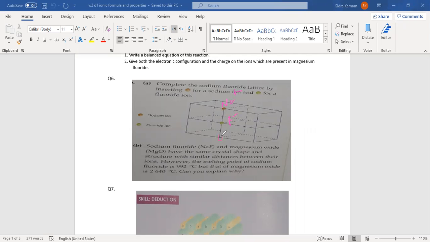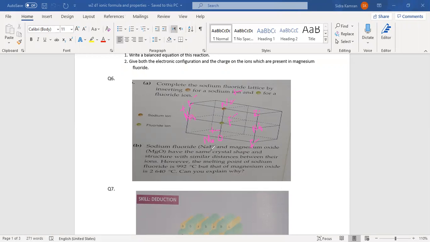This one again will be the sodium ion and this side contains the fluoride ion. This will contain the sodium ion, this will contain the fluoride ion. So each corner is taken by the opposite ions. If this is a fluoride, this corner will be taken by the sodium ion. This is a sodium, so this will be the fluoride ion. So in this way, all the corners of the lattice are taken in ionic compounds.